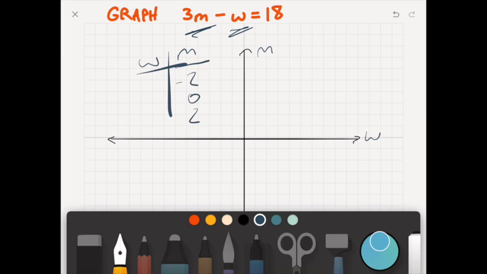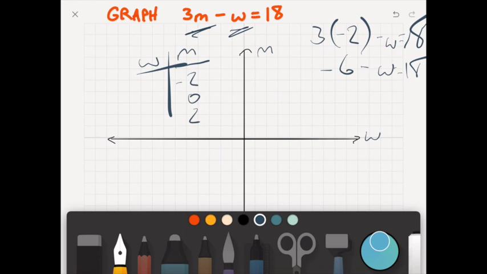So if 3 times -2 minus w equals 18, that means -6 minus w has to equal 18. And in this case, what that means is that w is actually going to have to be -24, I think.